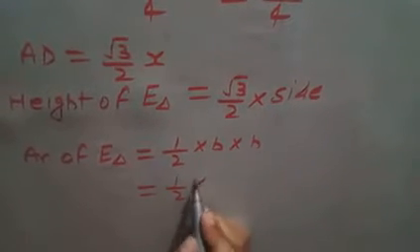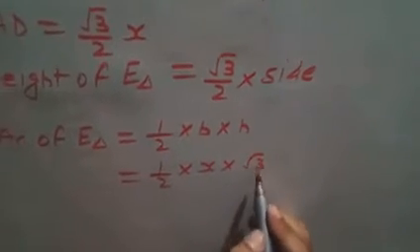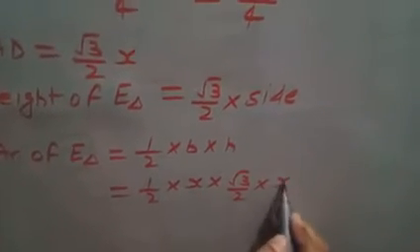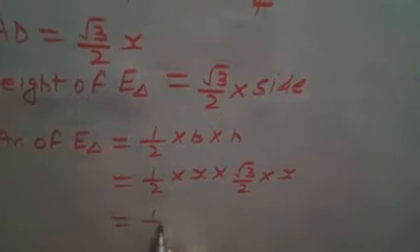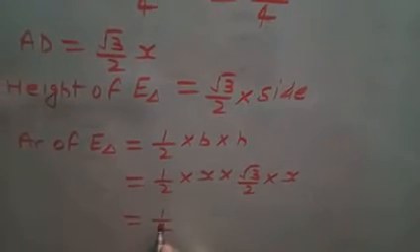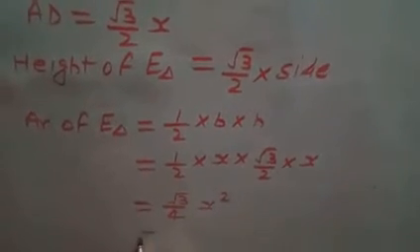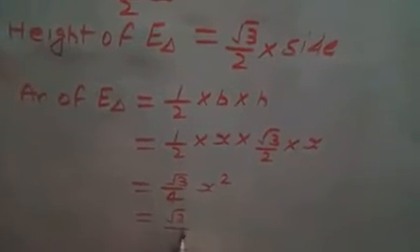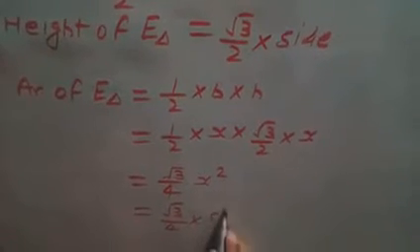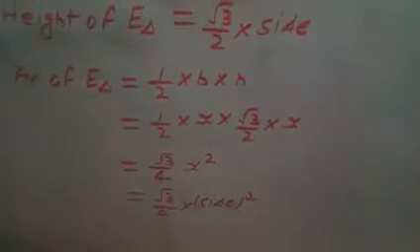Half base is x and height is root 3 by 2 into x. So you can see 2 times 2 is 4, and here is root 3 and here is x square. So the area of an equilateral triangle is root 3 by 4 into x square, where x is the side.